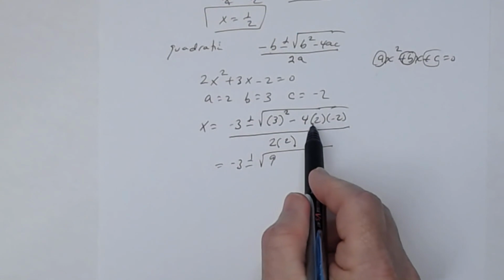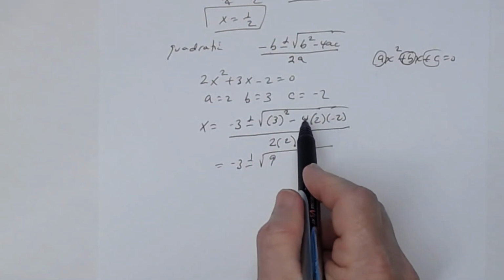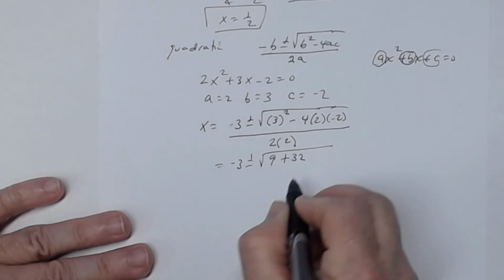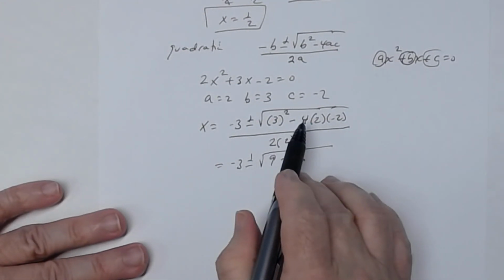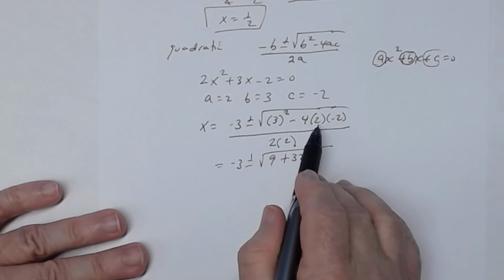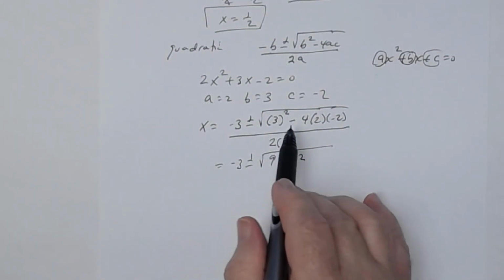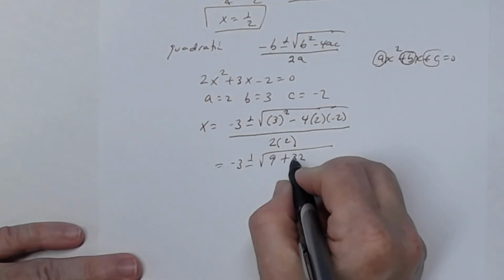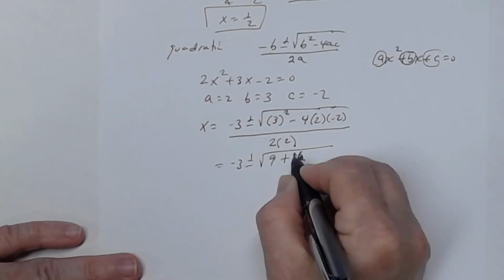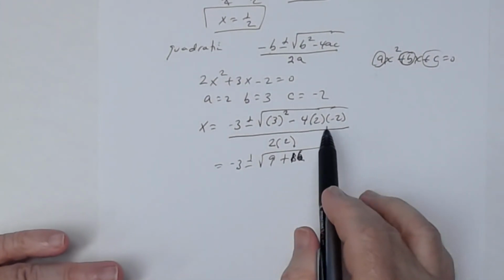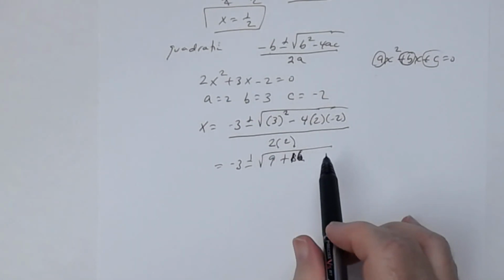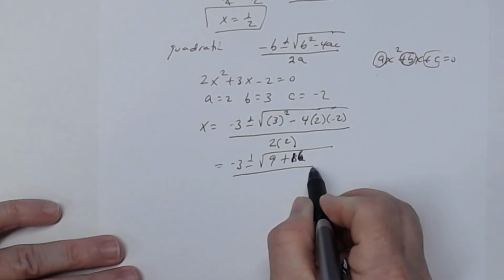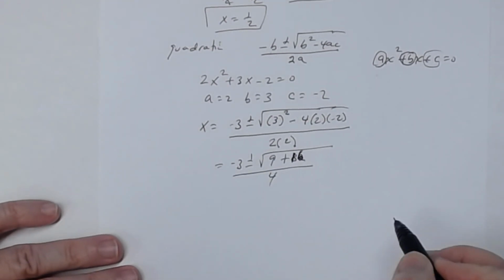So a negative 4 times 2 is a negative 8, and a negative 8 times a negative 2 is a positive 16. I don't know why I said an extra 4, but positive 16. All of that is being divided by 2 times 2, which is 4, okay?